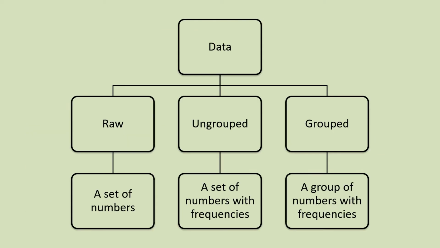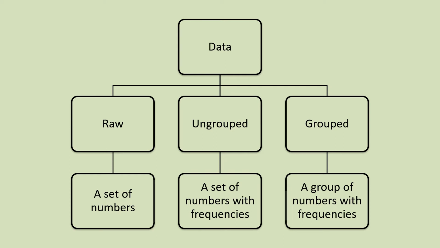Now these mean, median, mode or measures of central tendency can be applied on data which can be divided into three types: raw data, ungrouped data or grouped data. A raw data is just a set of numbers put one after the other or separated by commas. Ungrouped data will be a set of numbers each occurring with some frequency.